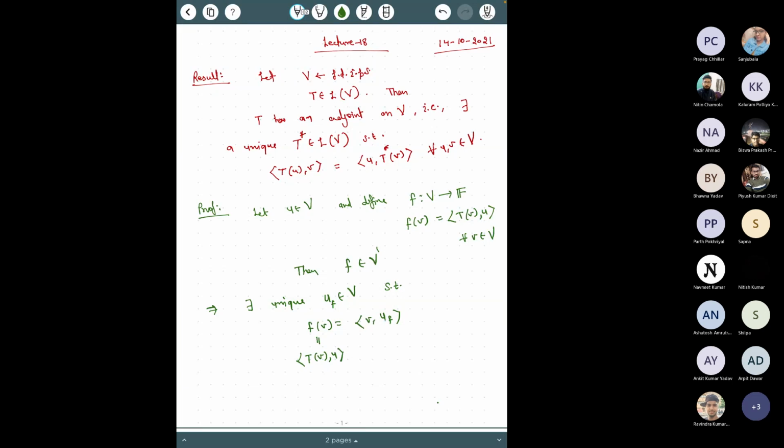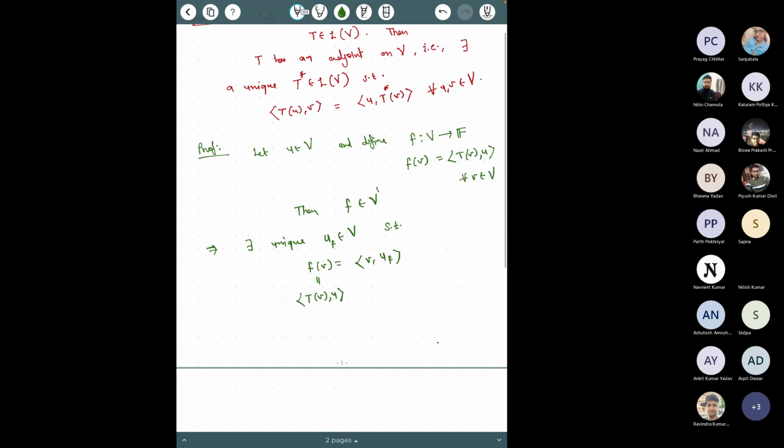Now can you get some idea? This is true for any vector u. If I start with a vector u, I can define f in this form. Since this is a linear functional and V is a finite dimensional inner product space, there exists a unique u_f such that f can be written in this way, but f is actually defined this way.